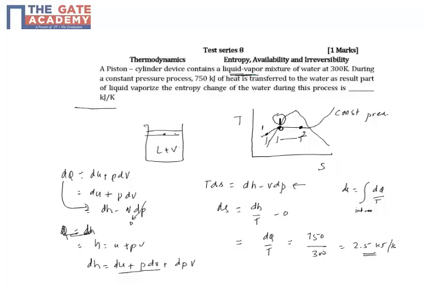Okay, I think we misread the question. It is a liquid plus vapor mixture at the start. So at the start you are somewhere here. Let me redraw it, because at the start it is given that it's a liquid vapor mixture. So you are somewhere here, and the entire water has not been vaporized, only some water has been vaporized.